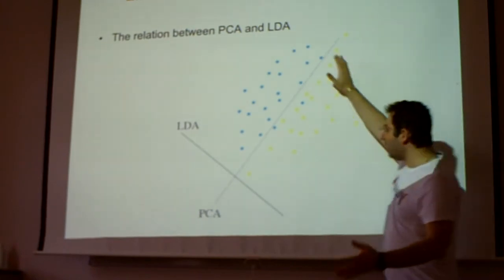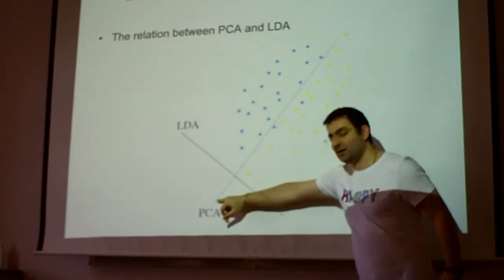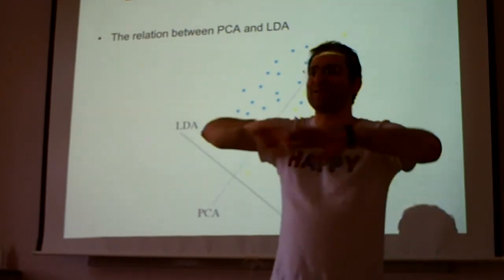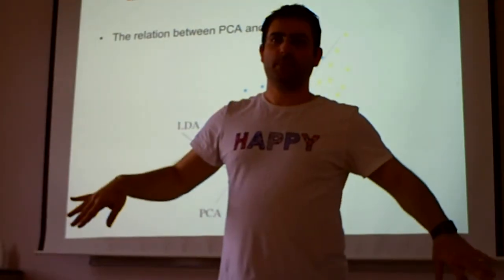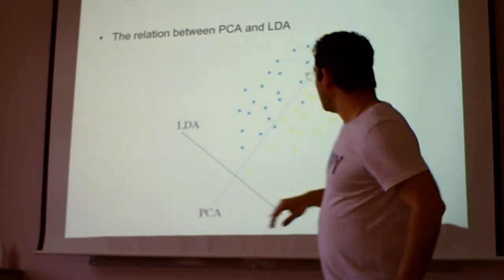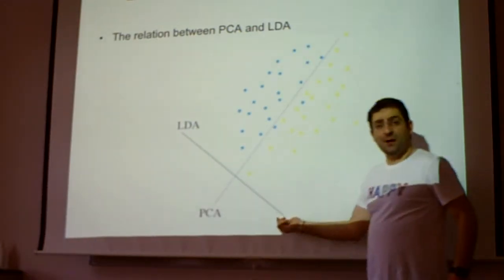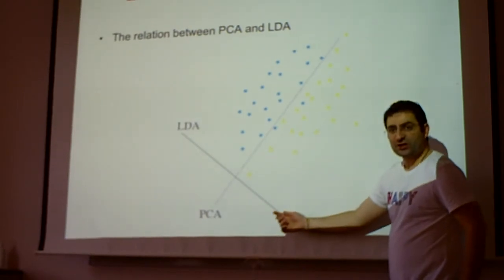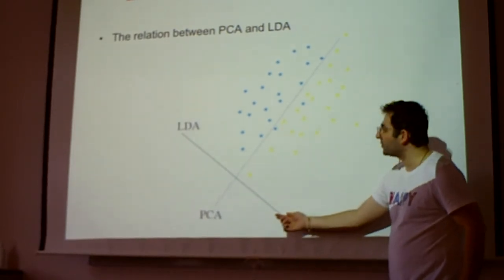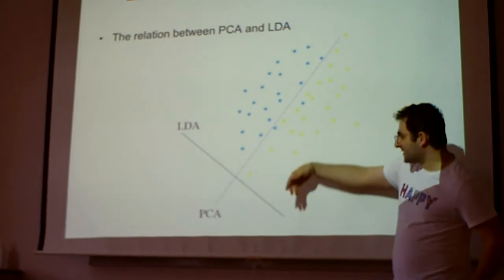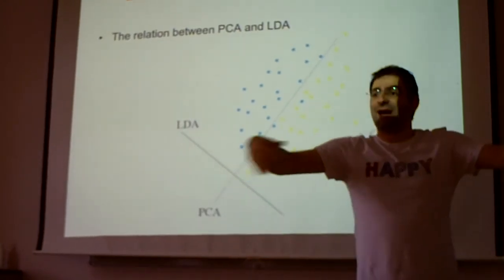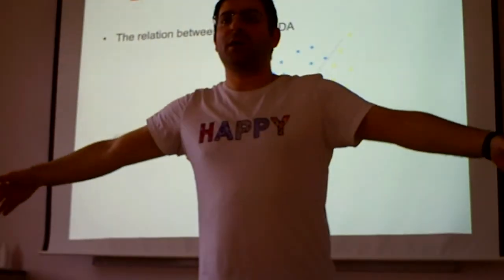It looks at the whole of this data and says that, look, on this line, if you project all your data, we will have the maximum variation. But in LDA, we can interpret it in this form: we will come out with a line which, if you project your data, you will see that the blue data and the yellow data have the maximum variation among themselves.